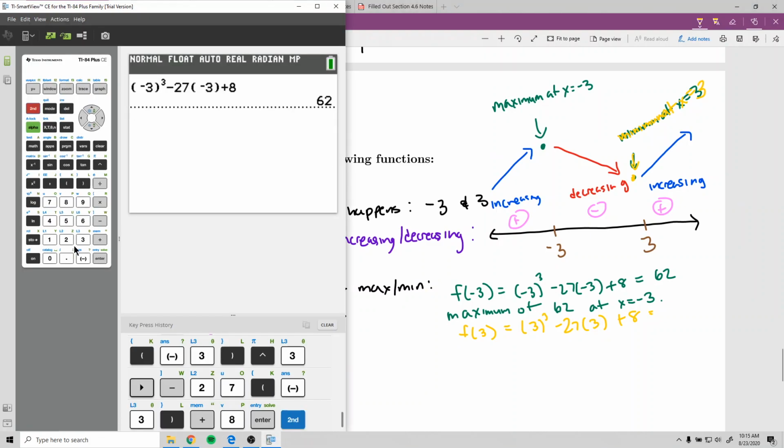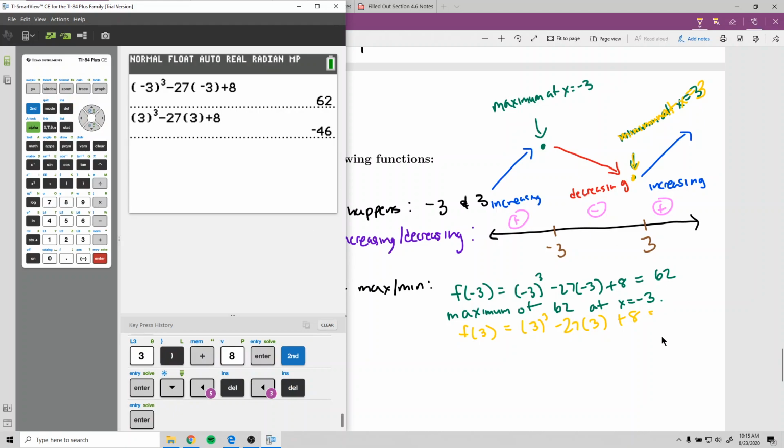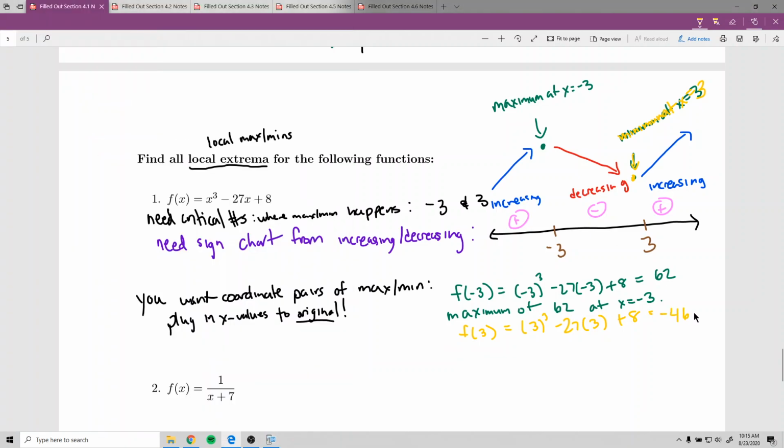And go back to our calculator or do that by hand, it doesn't matter. I'm going to just do it in the calculator real quick. We get -46. So we have a minimum of -46 at x equals 3.